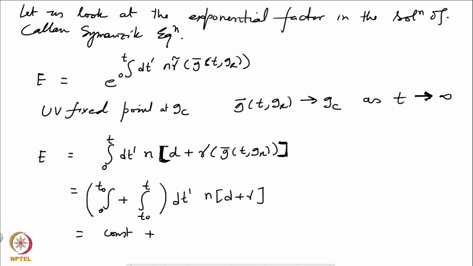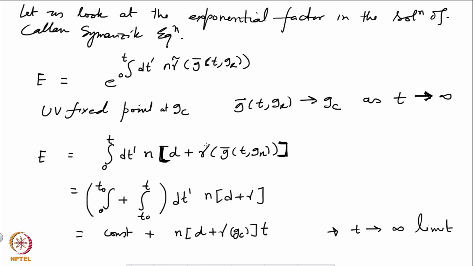And that t naught times the other things is a constant, so I can combine it in this constant. All the constants that you get are put in here, and you get n times d plus gamma of gc times t. This is in the t going to infinity limit, because I have used the fact that in this limit g bar takes a value gc.